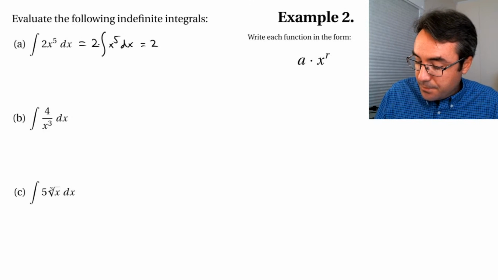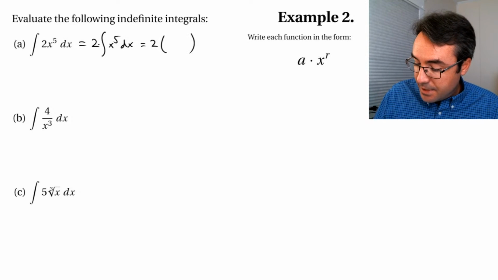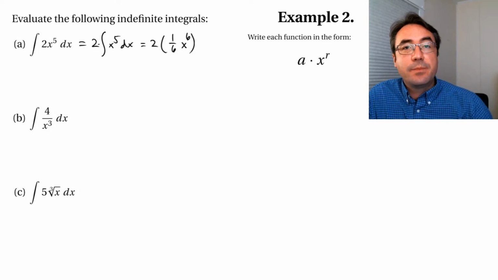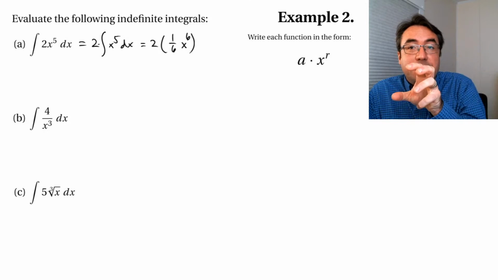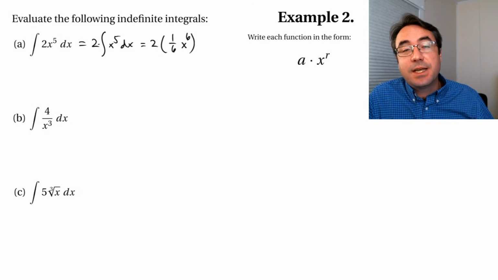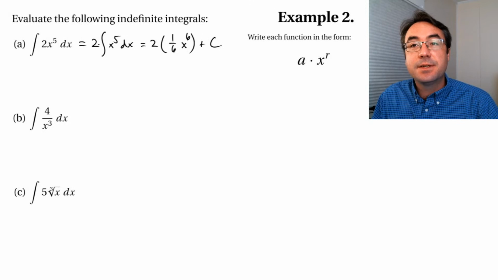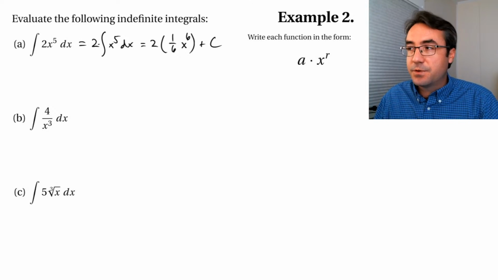Let's get the antiderivative of x to the power 5. It's just x to the power 6, and then we take that new exponent, flip it, put it in front. So 1 over 6. So we end up with 2 times the antiderivative of x to the 5. So 2 times 1 over 6 times x to the power 6. We add in our plus c at the very end, and then simplify as needed. So 2 times 1 over 6 is 1/3.